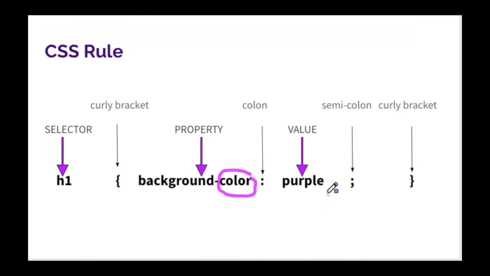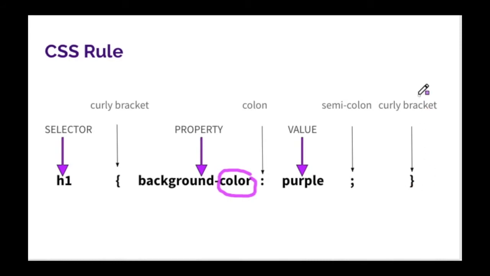I've chosen the color purple. We simply write the color as we know it. And for all basic colors, we simply use the word. After the value, we must put a semicolon and then our curly bracket.